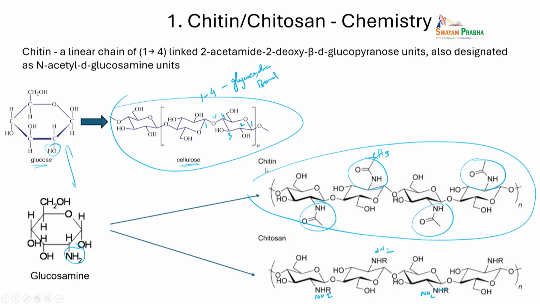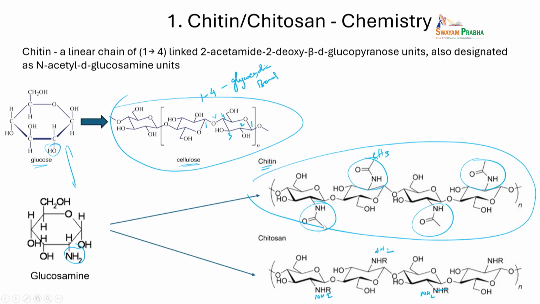If some of the amine groups are acetylated, then we say it is chitin. The chitin that we extract from crabs and lobsters is actually this acetylated amine form. If you remove the acetyl group, you get the amine group back, and that would be your chitosan. So the chemical difference between chitin and chitosan is the functional group here, whether you have an amine or an acetylated amine. If it is acetylated amine, it is chitin. If it is simply an amine, it is chitosan.